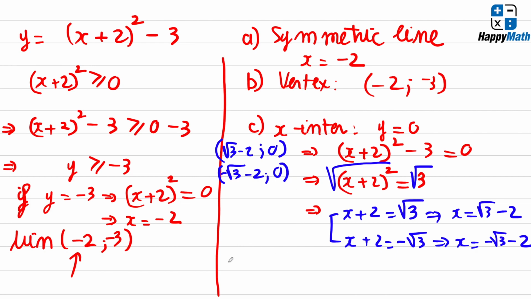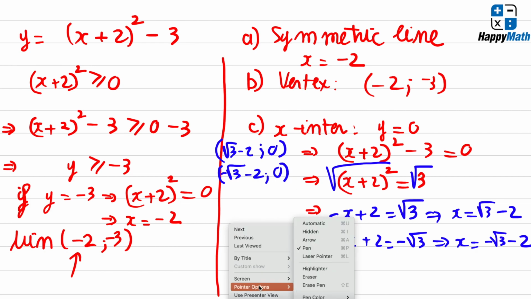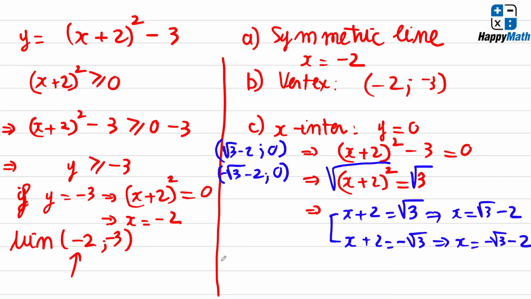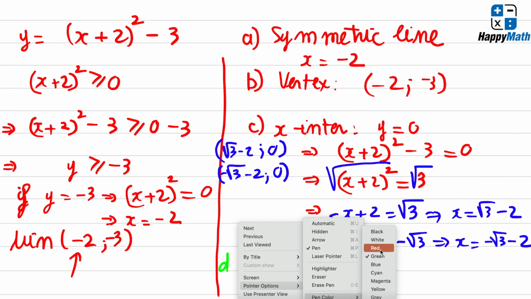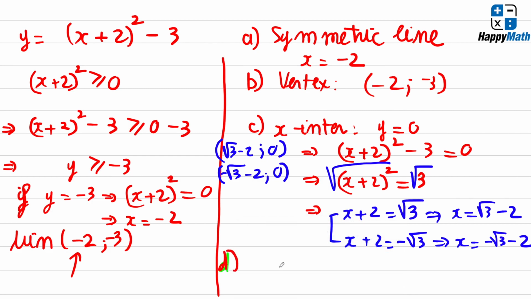Okay. Question D. You got the y-intercept. Now it's very easy. The y-intercept means you have to substitute x equal to 0. Here you got 0 plus 2, equal to 2 squared, 4, minus 3, 1.